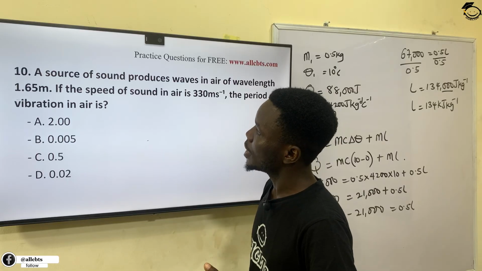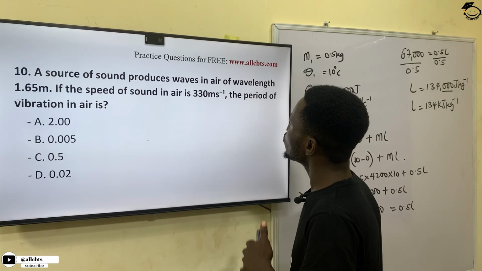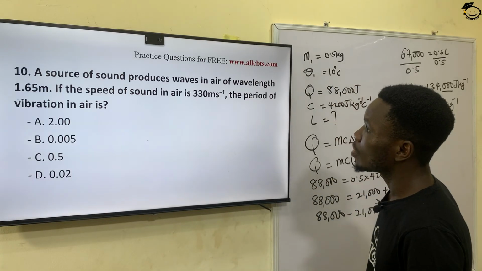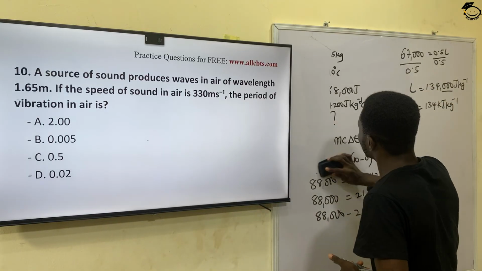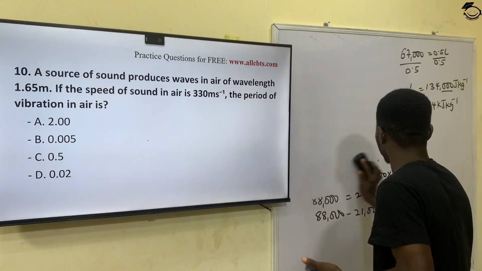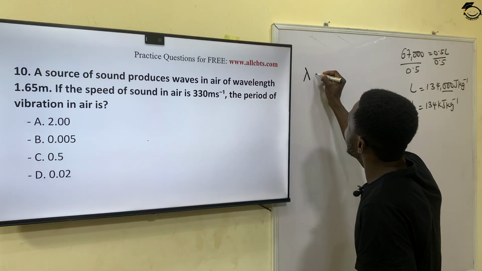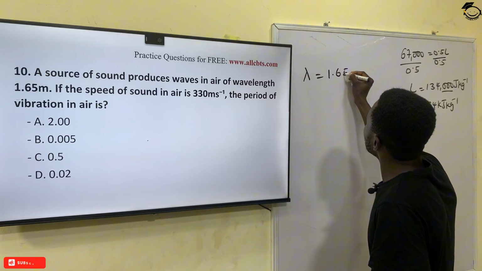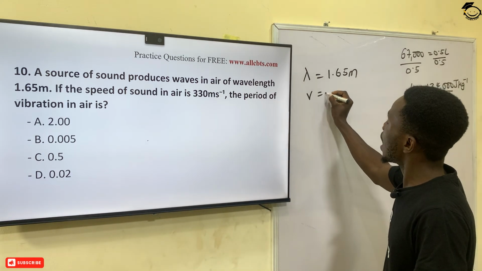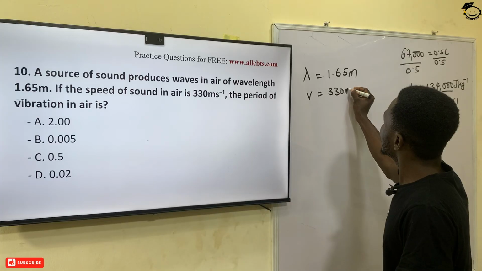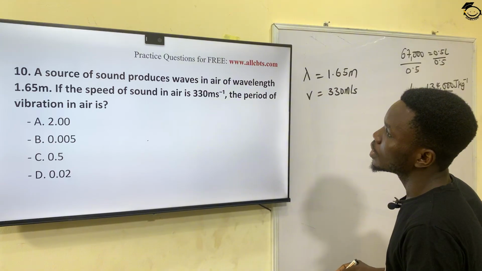Moving on to question number 10. It says, a source of sound produces waves in air of wavelength 1.65 meters. So my lambda here is 1.65 meters. If the speed of sound in air is given as 330 meters per second, the period of vibration in air is what?